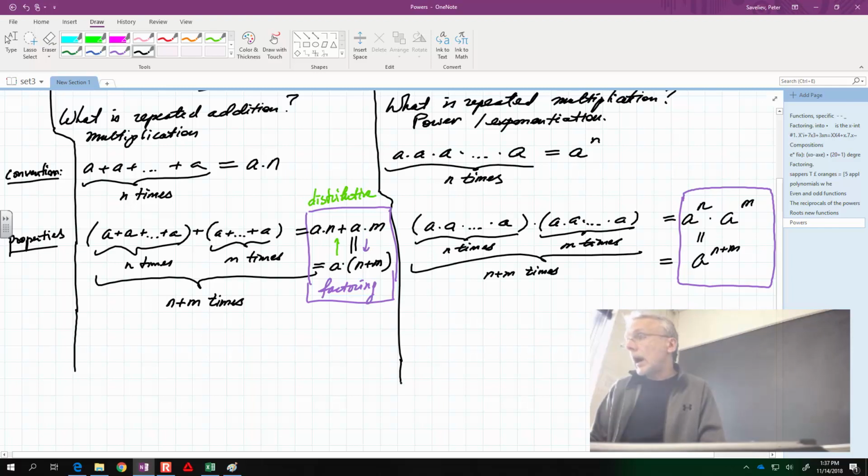Okay. The second one is, well, once again, repeated addition, but in a slightly different way. And that is like this: a plus a. So this appears n times. Let's repeat it m times. The whole thing is repeated m times.